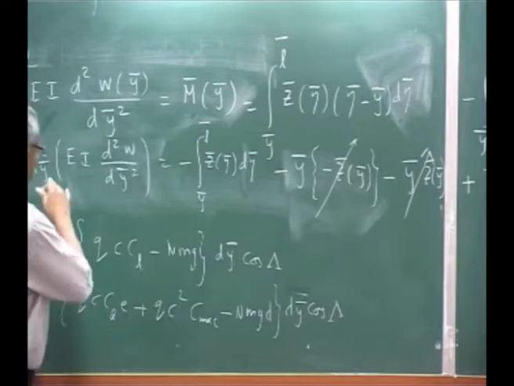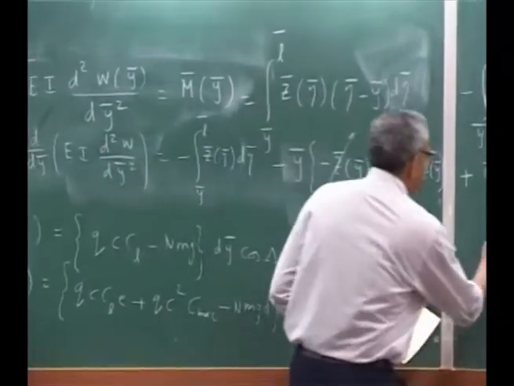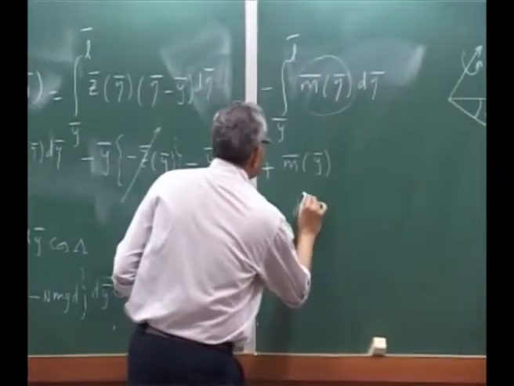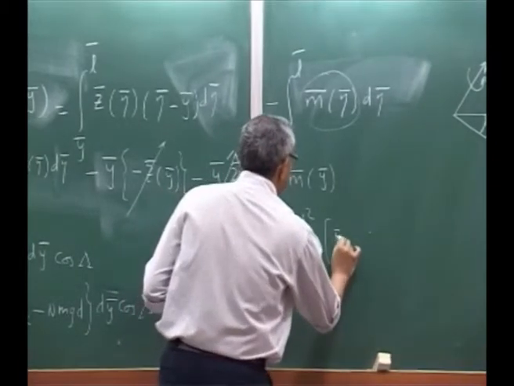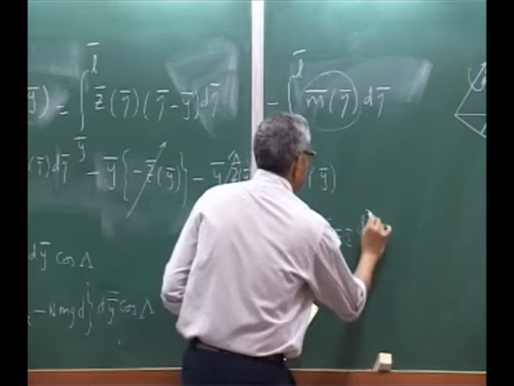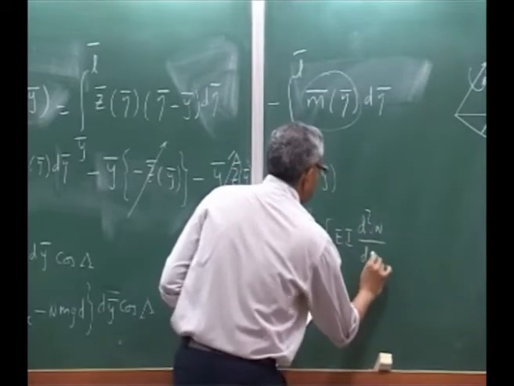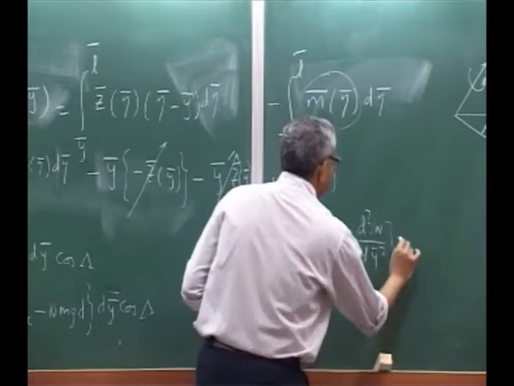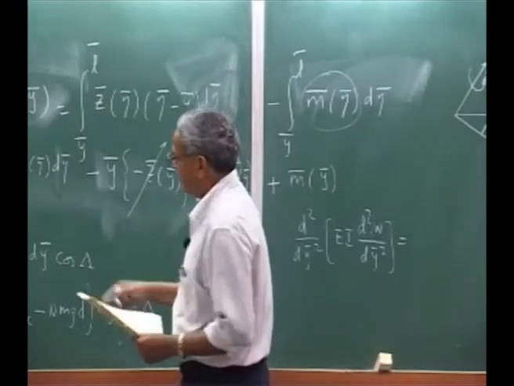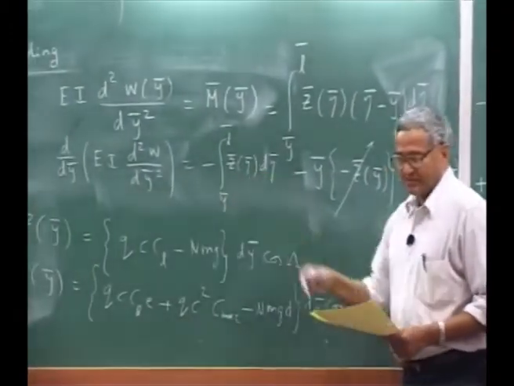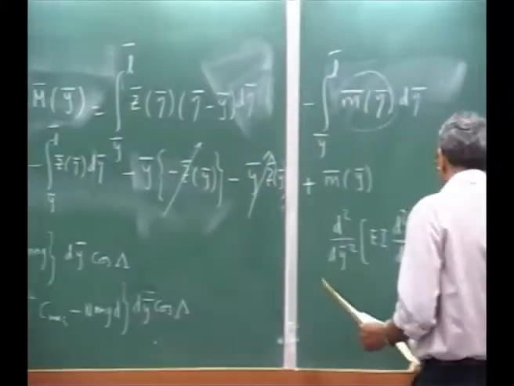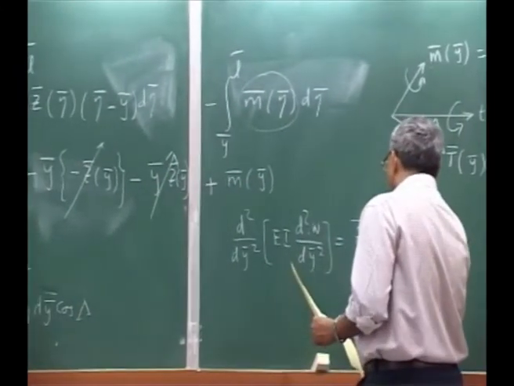differentiation. When you do one more differentiation, you will have d square over d y bar square of EI d square w over d y bar square equals, this is minus y bar, so this will become z bar y bar.